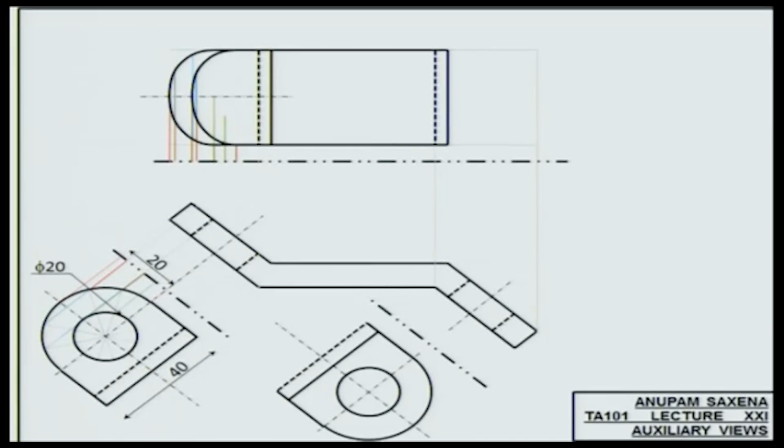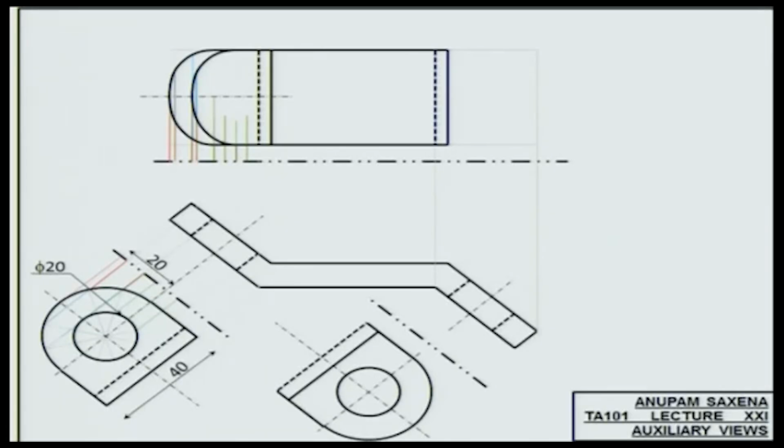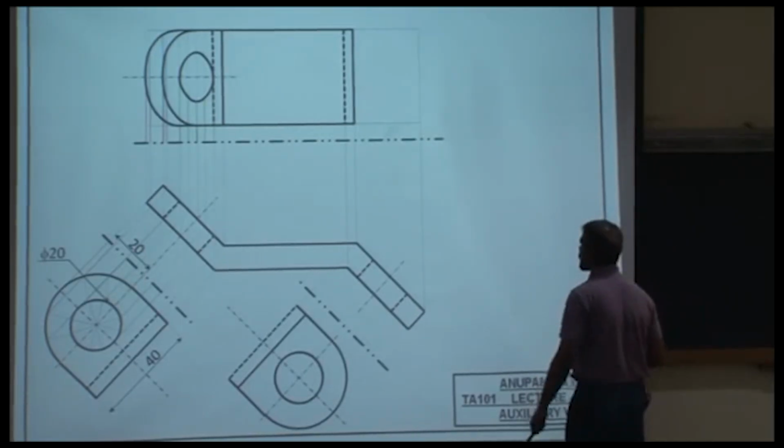Once you understand the basics, it's all a straightforward procedure. Transfer the distances. And this corresponds to the circle on the top face or the bottom face? Top face. Likewise, do the same for the bottom face.